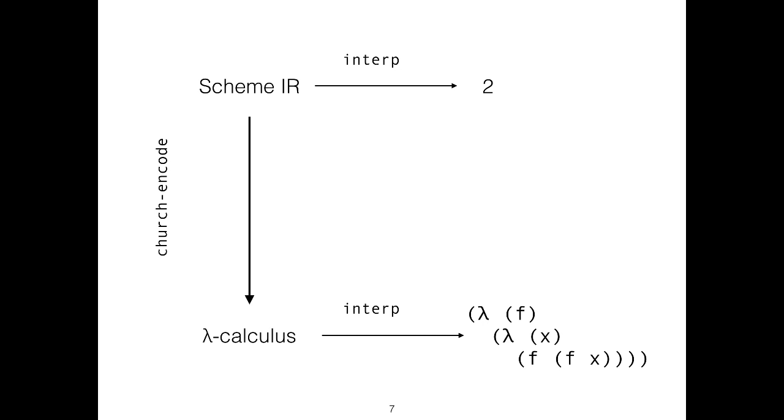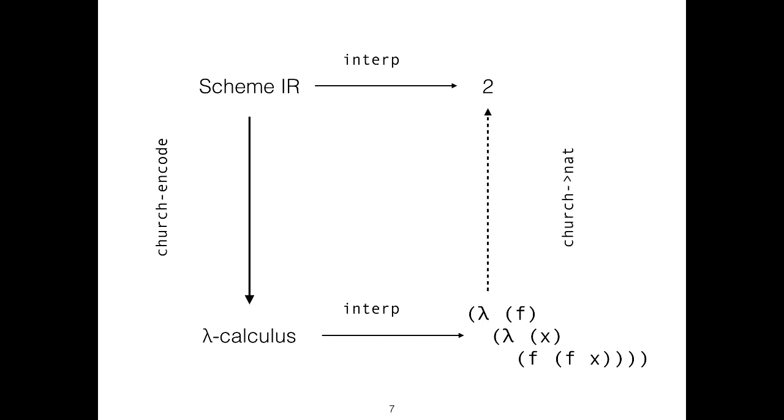Well, now similarly, you're going to translate this down to the Lambda calculus, and it's going to produce a Lambda calculus term that in this case is an encoding of the value 2. All right, we'll talk about precisely how this encoding works right now. But let's say it's something like lambda f, lambda x, and then f applied to x, which is the encoding of the number 2 in our style that we're going to use here.